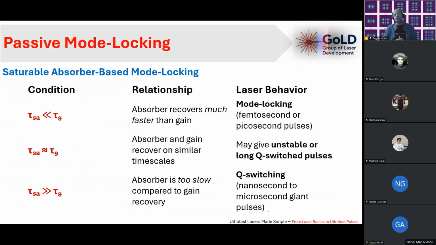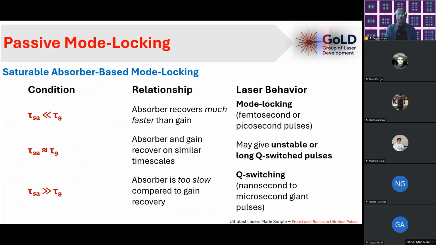it will give you the idea. The comparison is given of what the laser behavior will be if you compare the recovery time of the absorber with the gain decay time of the gain medium.